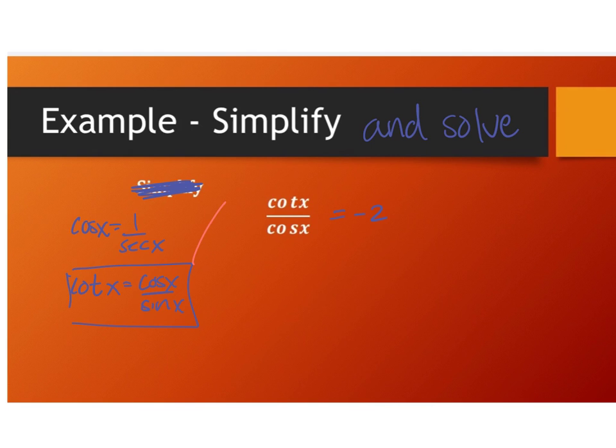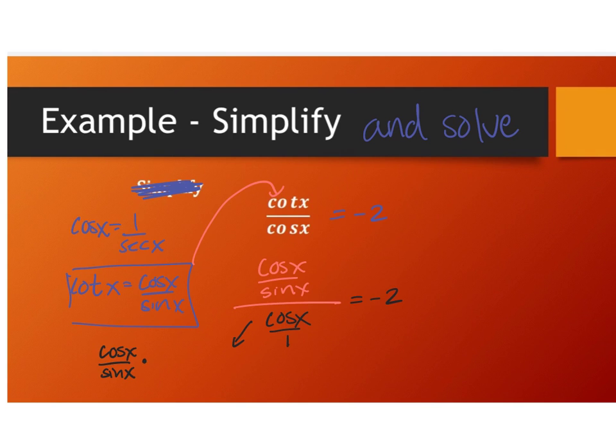So for this problem, if we substitute in our cotangent, we would have cosine of x over sine of x, all of that being divided by cosine of x. And we know that that's going to equal -2. Then just some side work. Remember, anytime we're dividing a fraction by another number, here we can change cosine of x into a fraction.